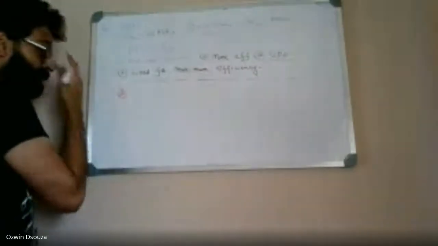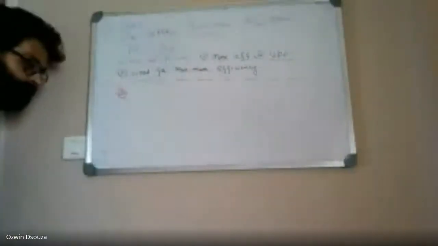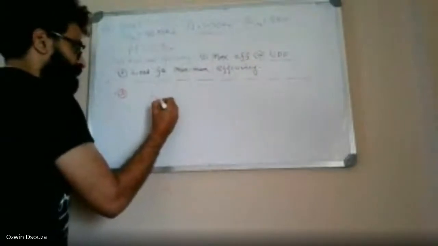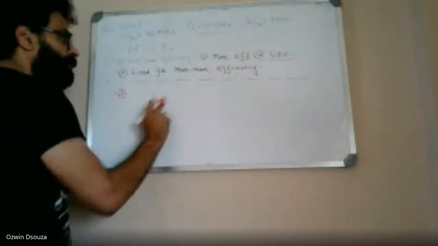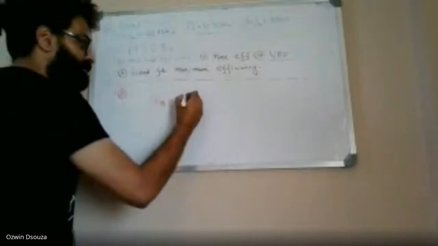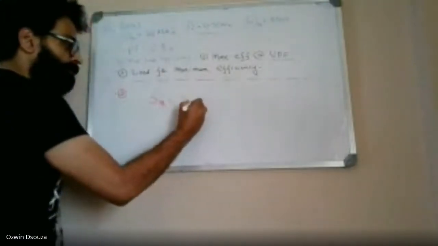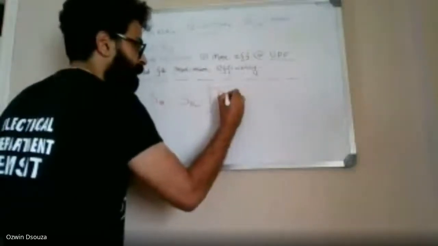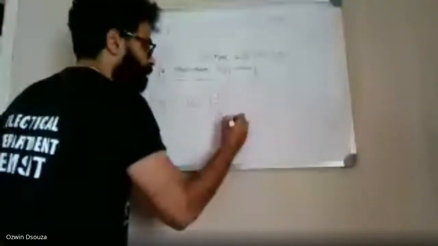The third part, which is nothing but the load at which the maximum efficiency occurs. So we have seen a standard result, which we got from one derivation, that S_m, which is nothing but the load at maximum efficiency, is equal to full load, which is S_FL, into under root iron loss divided by full load copper loss.